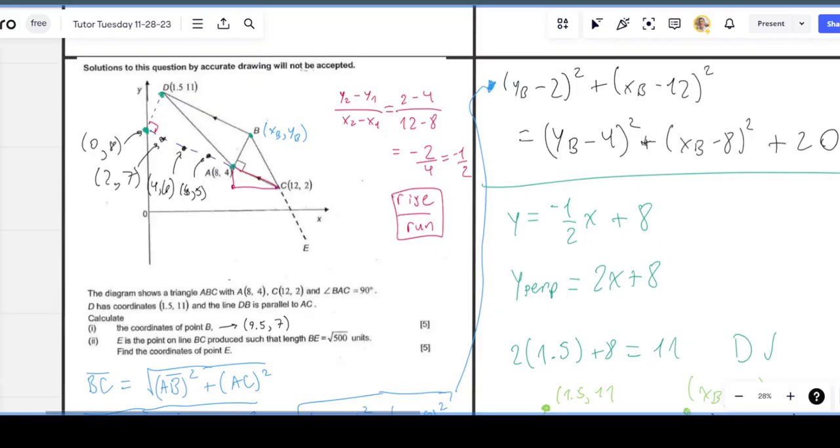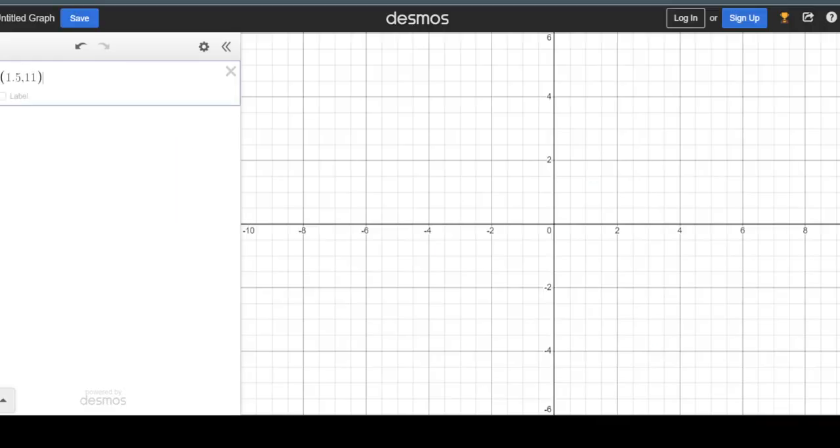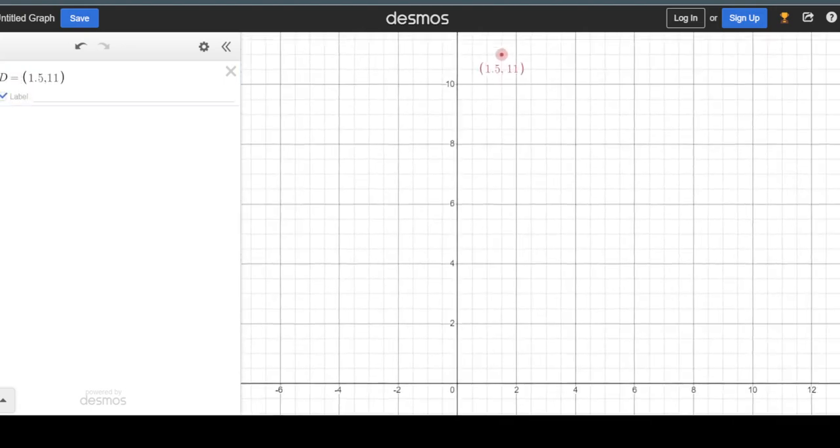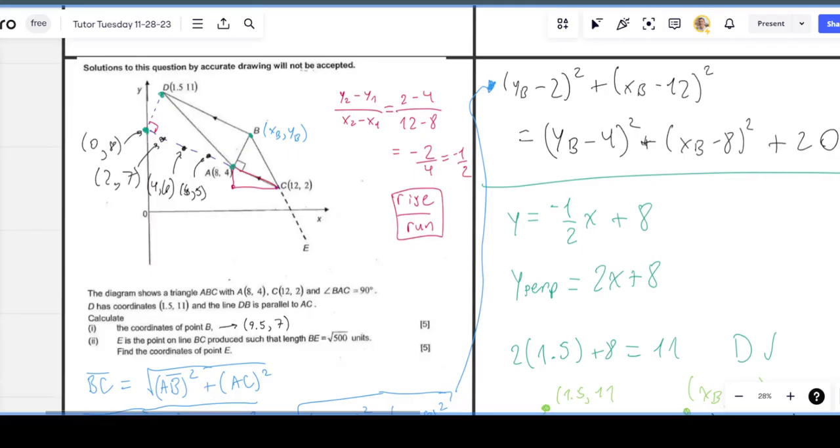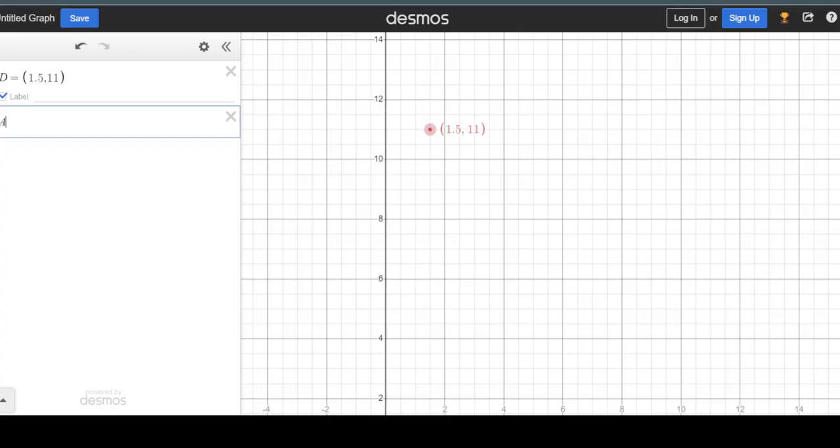If we have the point 1.5 comma 11 as point D, and then we have the point A equals 8 comma 4, C equals 12 comma 2.